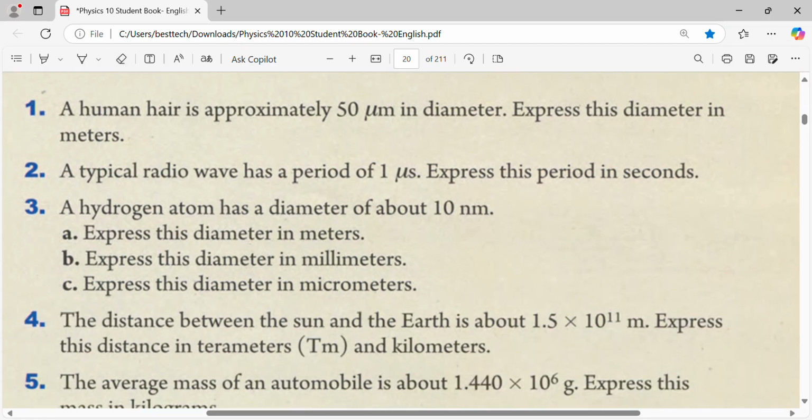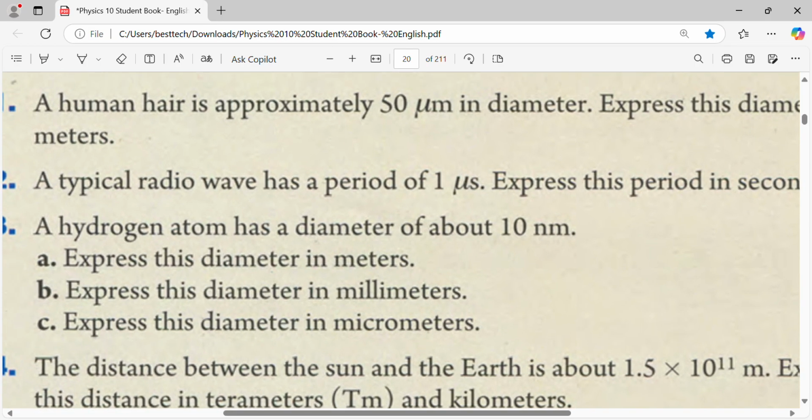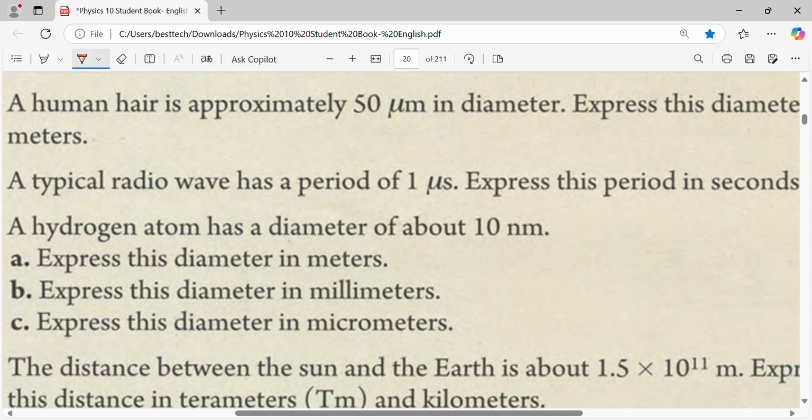Question 2. Just focus on question 2. A typical radio wave has a period of 1 microsecond. Express this period in seconds. We have 1 microsecond, make it just second. Like the previous one, which was micrometer, if the prefix is micro, the power is still 10 power negative 6.